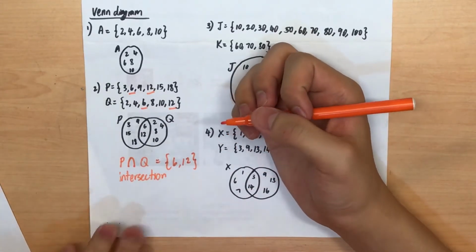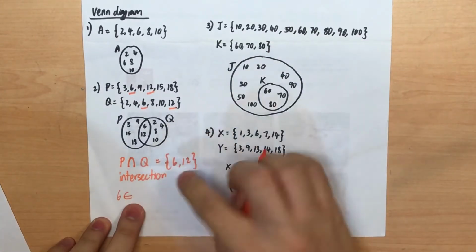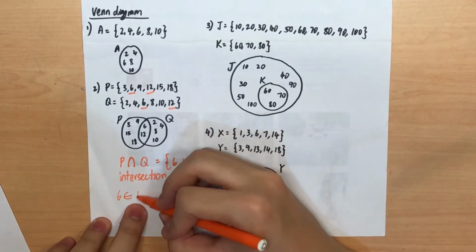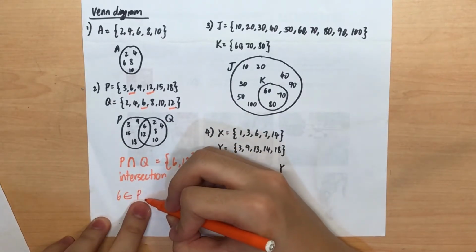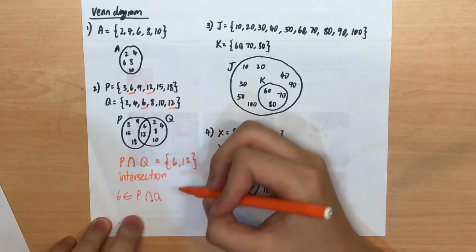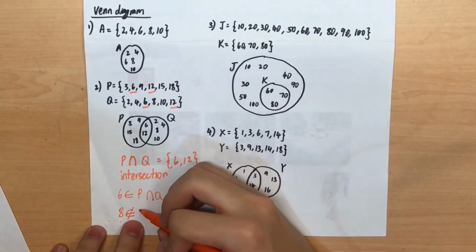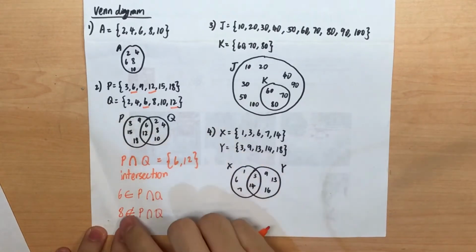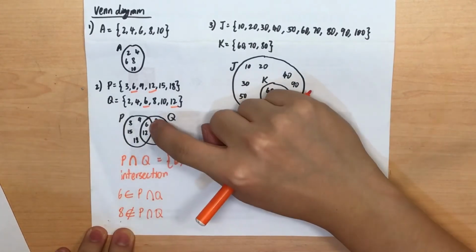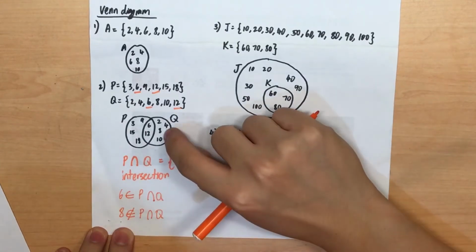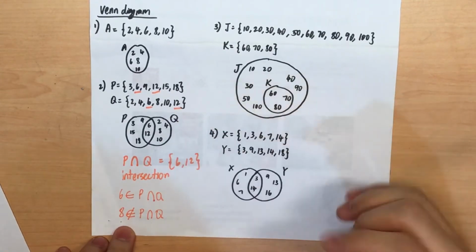So take note that 6 is an element of P intersect Q. However, 8 is not an element of P intersect Q, because between here, there is only 6 and 12. There is no 8. It is in set Q only.